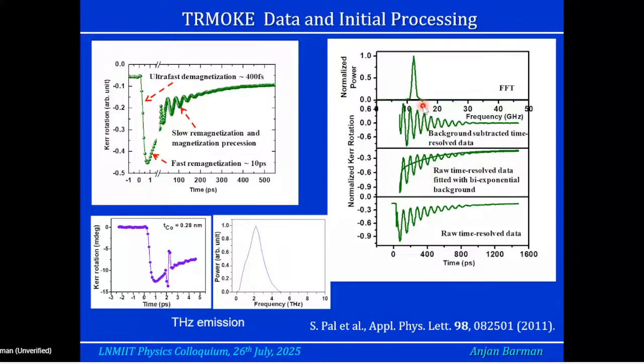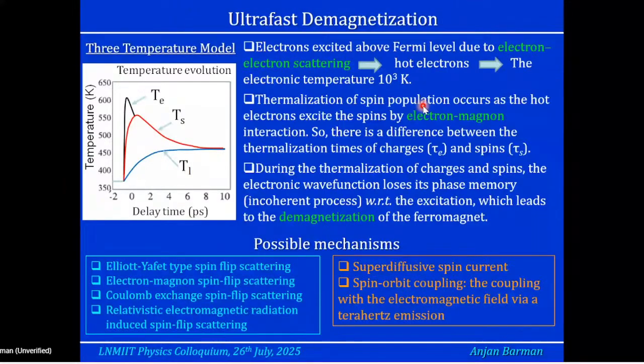And this is ultrafast demagnetization, which I already explained, but there is something called the three temperature model. Electrons are excited by the laser above the Fermi level due to electron-electron scattering. That creates hot electrons, because the electronic temperature actually increases to about 1000 degrees Kelvin. It's called a hot electron.